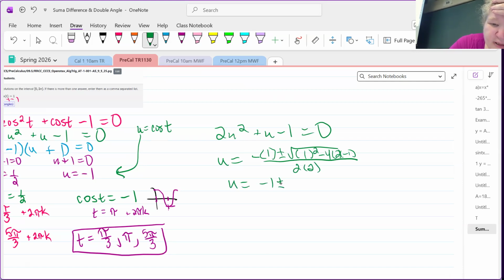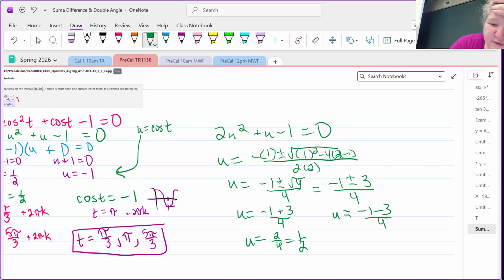So that's -1 plus or minus, this becomes 1 minus -8. So 1 plus 8 is 9. So we have -1 plus or minus the square root of 9 all over 4. So -1 plus or minus 3 all over 4. So -1 plus 3 all over 4 is 2 over 4, which is the 1/2. And then -1 minus 3 all over 4, -4 over 4 is -1.